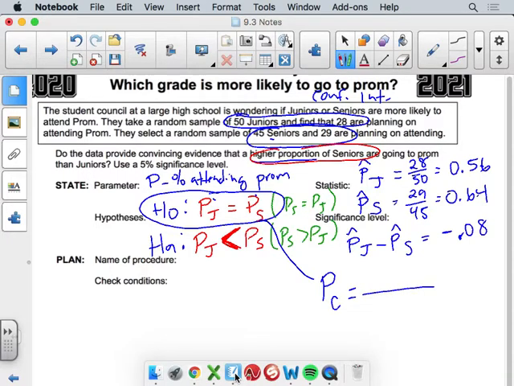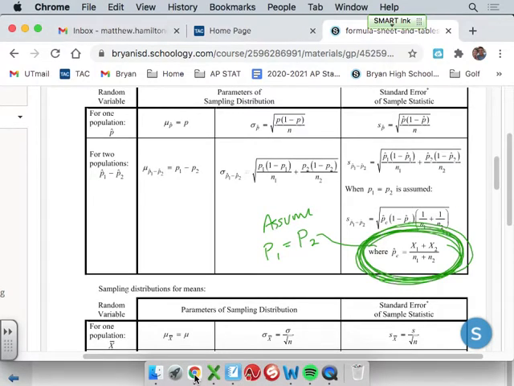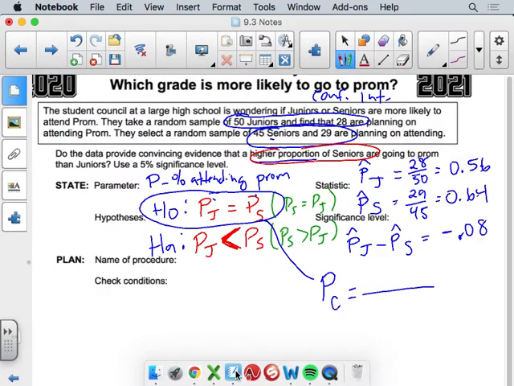So the formula sheet says I do x1 plus x2 over n1 plus n2. So what that means is I'm going to do 28 plus 29 over 50 plus 45.